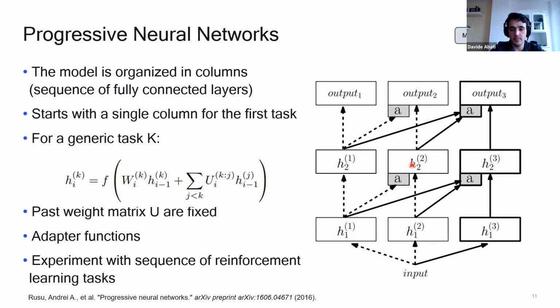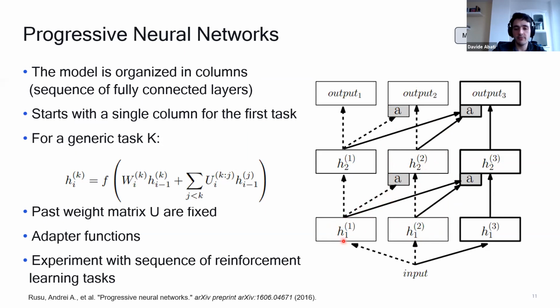So for instance, this layer here, H2, will take as input the output of the previous layer in its column, but also the output of the previous layer in column 1. In this way, forward transfer is enabled.